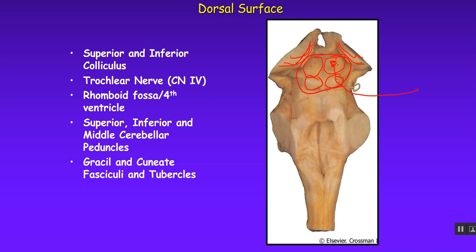So that's how that works. These together as a whole group are called the corpora quadrigemina. Corpora, bodies, quadra, four: four bodies. There are two superior and two inferior colliculi, and together they're the corpora quadrigemina. So if you're reading and you hear that term, they're just talking about the superior and inferior colliculi all together.